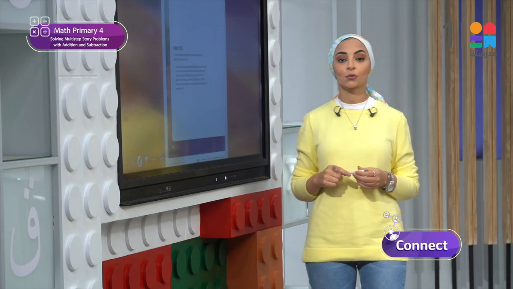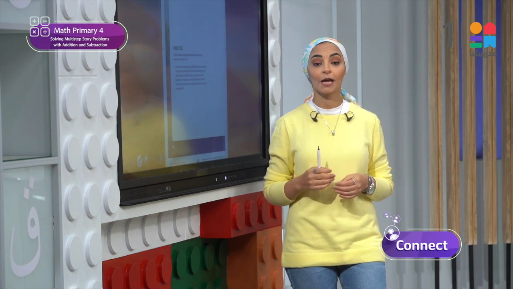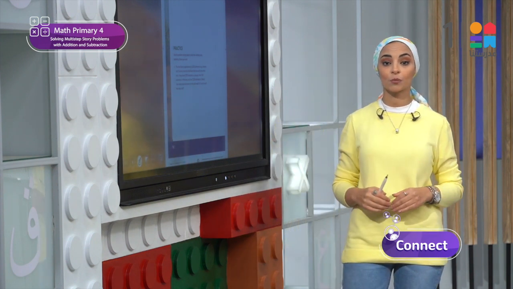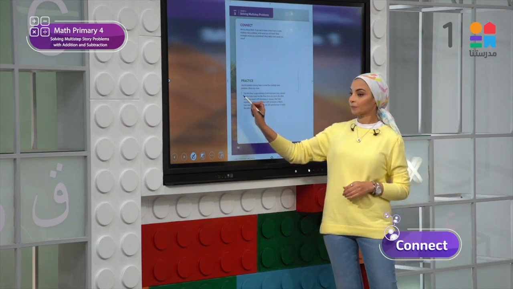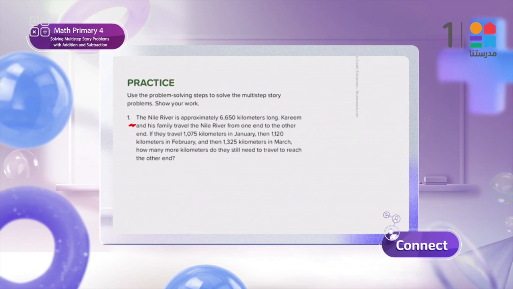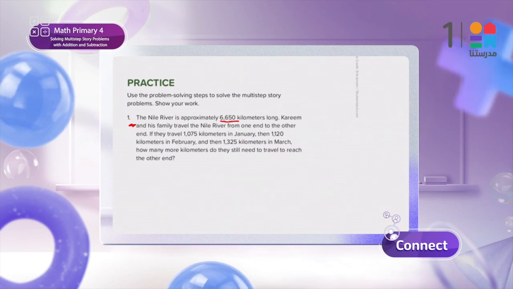My advice is to read the problems carefully and follow the steps. We must do the steps we discussed earlier. Let's see in problem number 1. Problem number 1, we will use addition to answer the hidden question. Let's read it first. Here the Nile River is approximately 6,650 kilometers long.